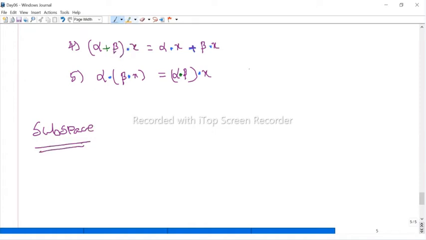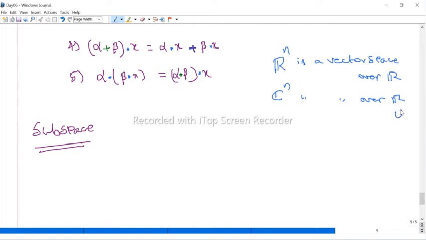Okay, so examples of vector space: if you take Rn, for any n, Rn is a vector space over the field R. Again, if you take complex numbers Cn, the Cartesian product, this is also a vector space over R as well as over C. We can also see Rn as a vector space over the rational numbers Q, but you cannot see it over C, because it does not satisfy the scalar multiplication.